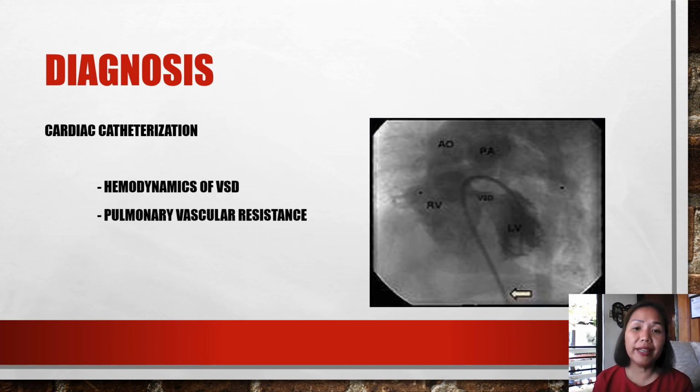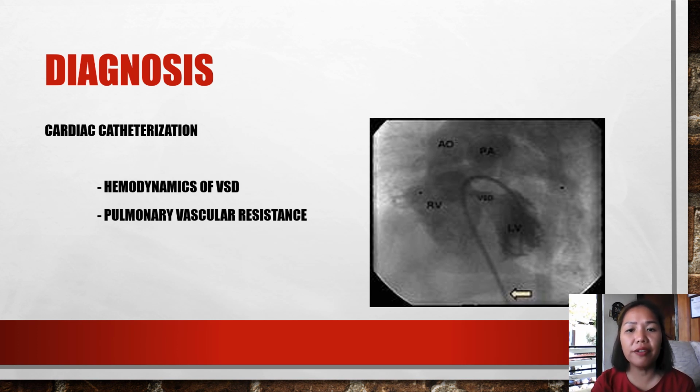When laboratory data do not fit well with the clinical findings or when pulmonary vascular disease is suspected, cardiac catheterization is done. This procedure will help determine the hemodynamics of VSD.